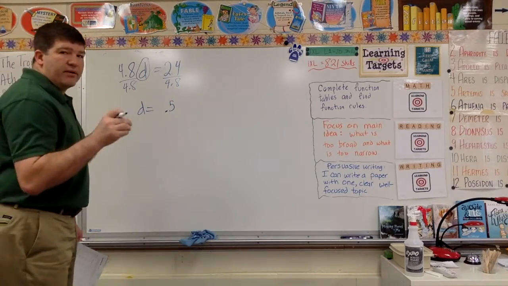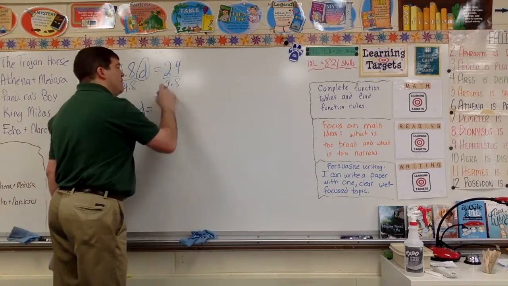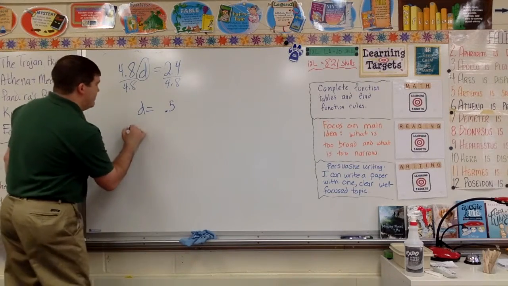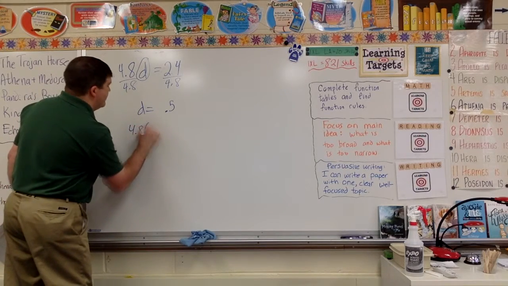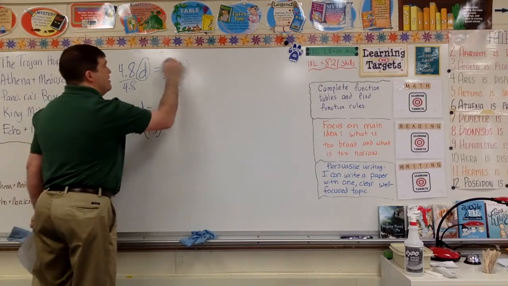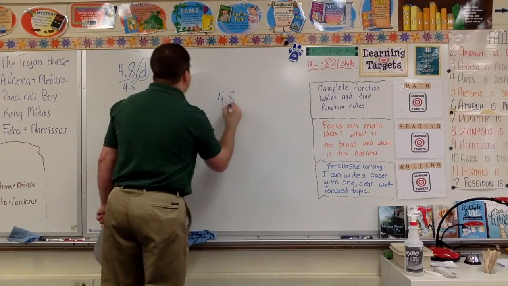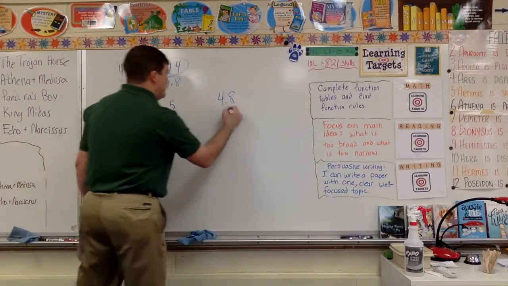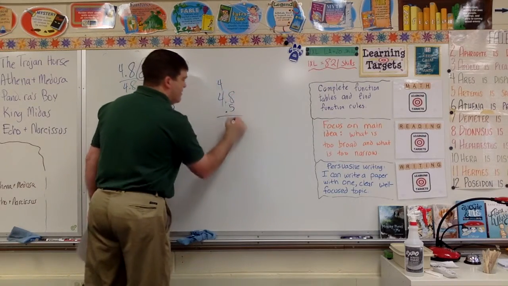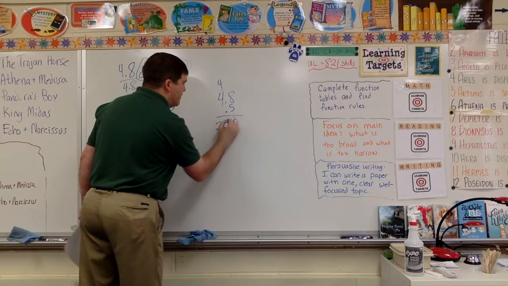Did it on my calculator, okay? So I want you to do that too. You can plug it in, 2.4 divided by 4.8. See what you get. Now I'm going to check it. 4.8 times 0.5, that should get me 2.4. 4 times 5 is 20, plus 4 is 24.